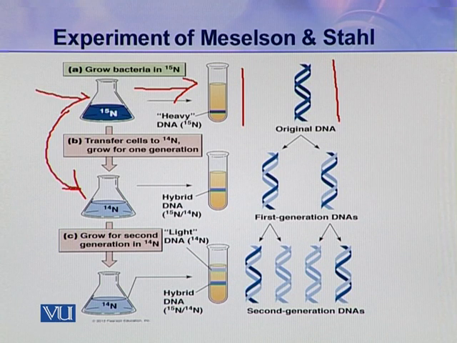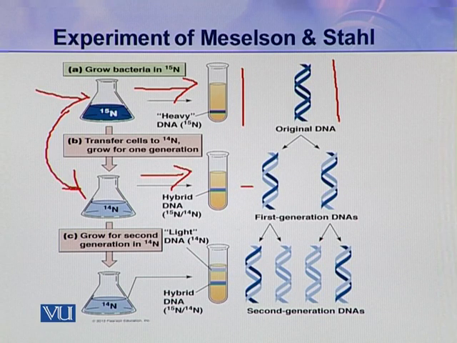They allowed the cells to grow in this medium for some time, so that DNA replication could take place and new DNA molecules could form. After some time, they took out the DNA and centrifuged it by density gradient centrifugation, and they observed DNA which was intermediate, that is, lighter than in the above centrifuge tube.